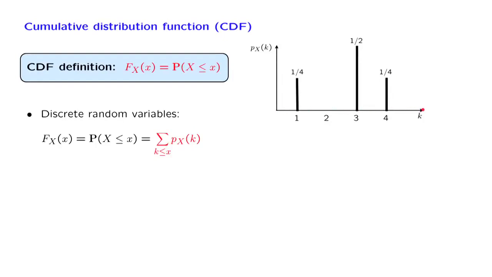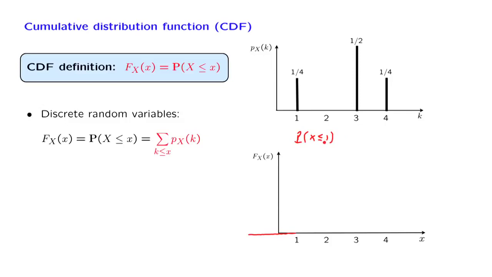This is an example of a discrete random variable described by a PMF, and let us try to calculate the corresponding CDF. The probability of falling to the left of this number, for example, is equal to 0, and all the way up to 1, there is 0 probability of getting a value for the random variable less than that. But now, if we let x be equal to 1, then we're talking about the probability that the random variable takes a value less than or equal to 1.